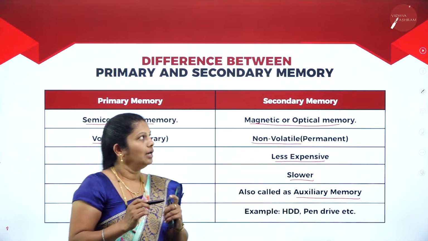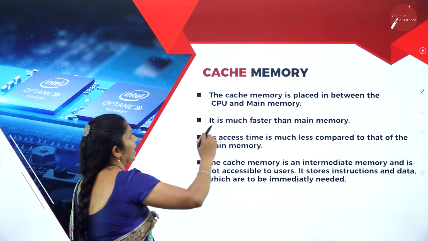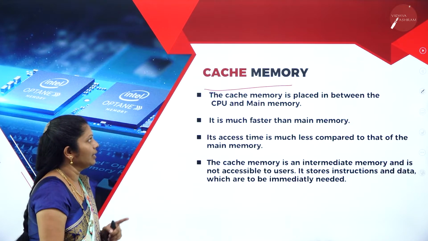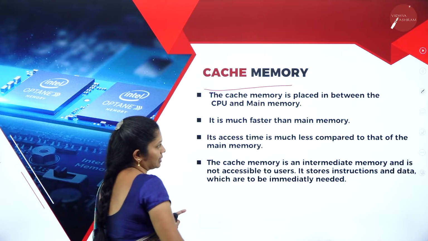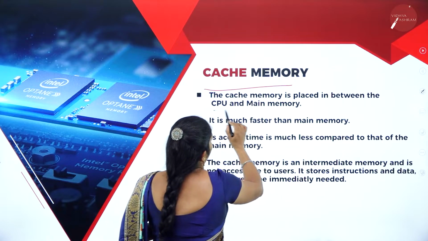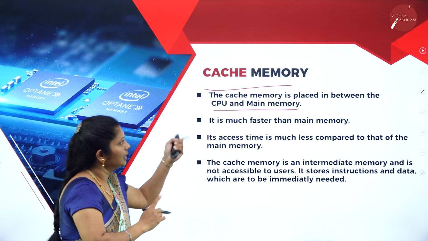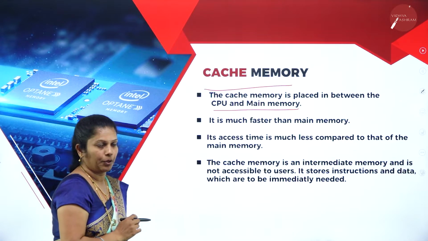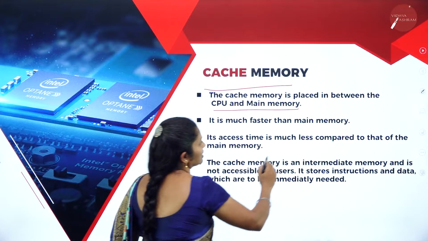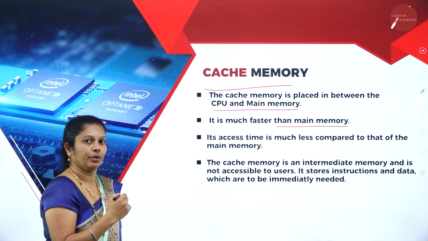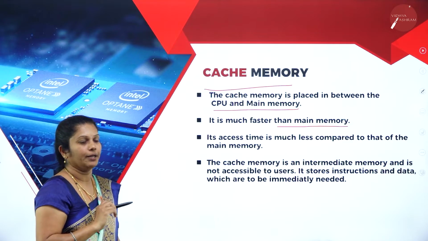Now, is it clear? Next we'll discuss cache memory. What is the main use of cache memory? A cache memory is a place in between the CPU and main memory. It is much faster than main memory, but it is a temporary memory.